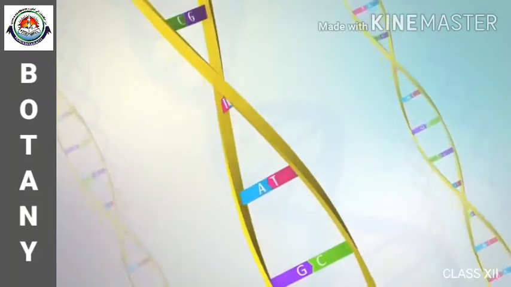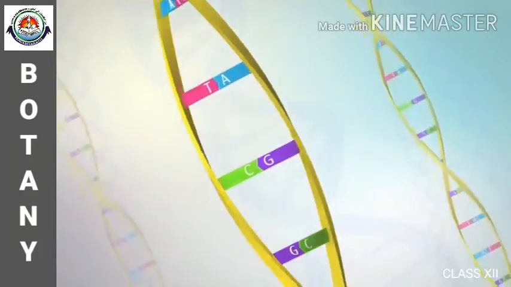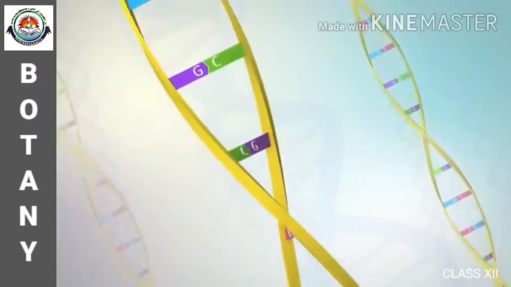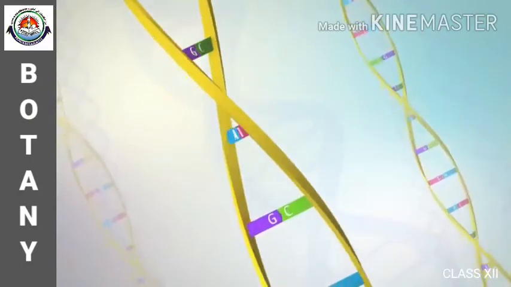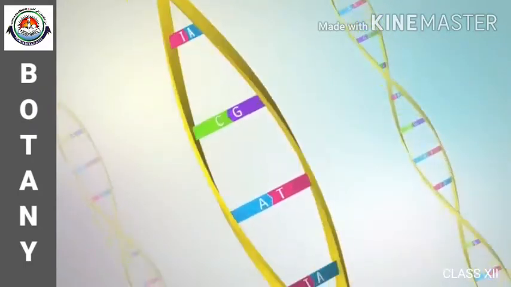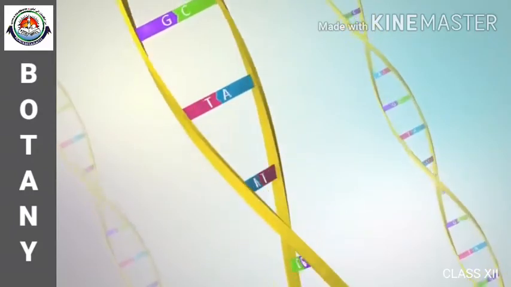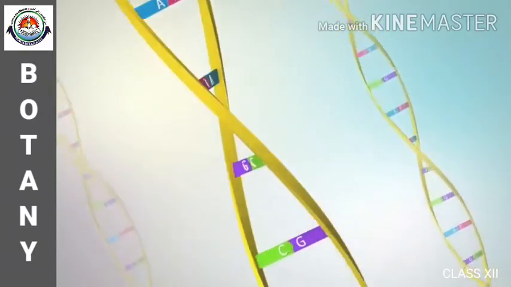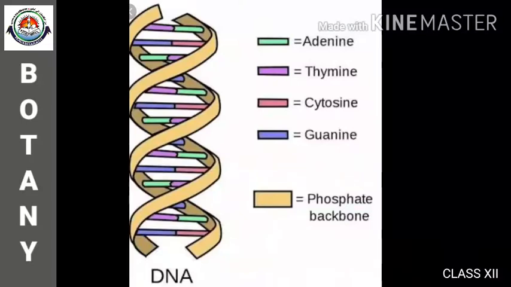The nitrogenous bases of two DNA strands are bound together according to base pairing rules. Adenine bonds with thymine and guanine with cytosine. The backbone of a DNA strand is formed by sugar and phosphates. The nitrogenous bases linked to sugar project from the backbone.